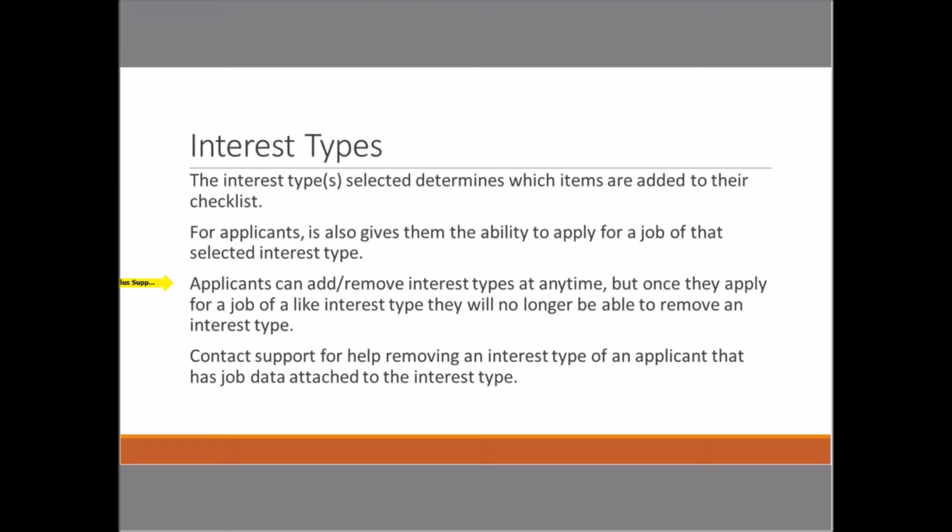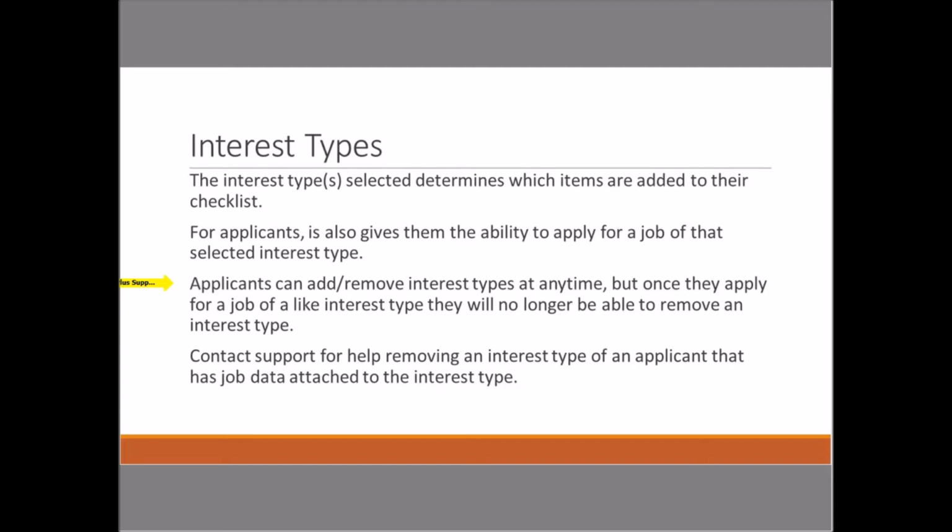Kind of why we changed it so that they can't remove themselves afterwards is we also found that a lot of applicants are really smart, and they may have 3 or 4 interest types selected, and they would go and apply for jobs and then remove themselves, so they weren't required to have those additional reference forms associated with their account. So we might have someone who says they're a teacher, and they also decide to apply for a classified position.